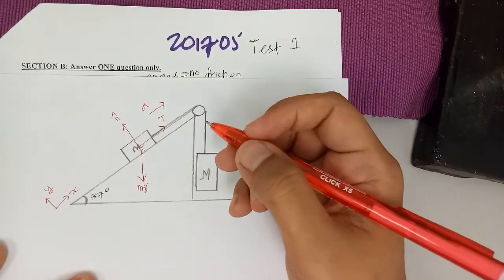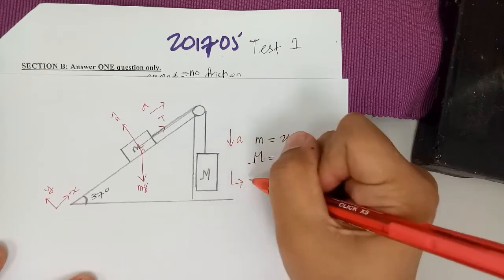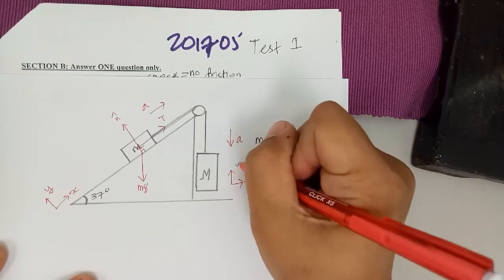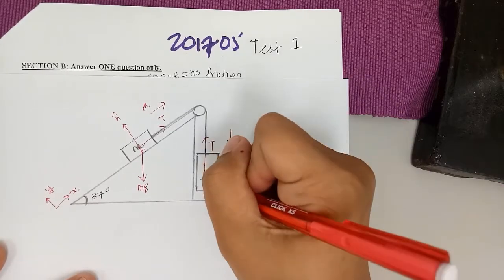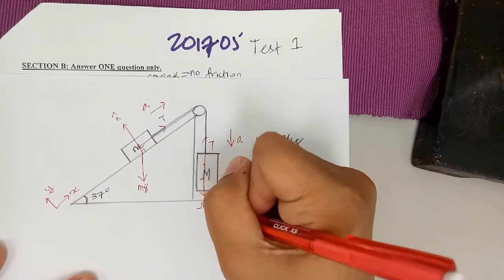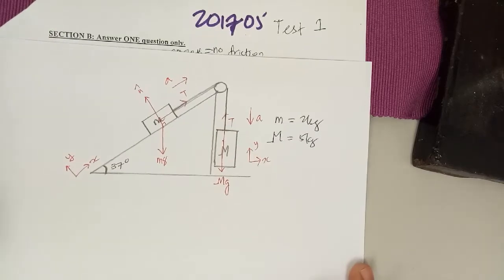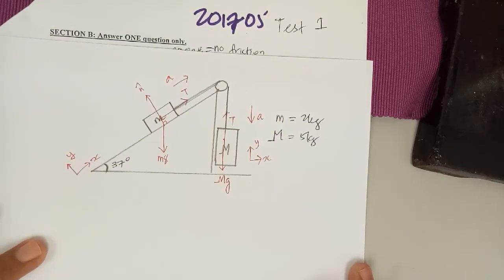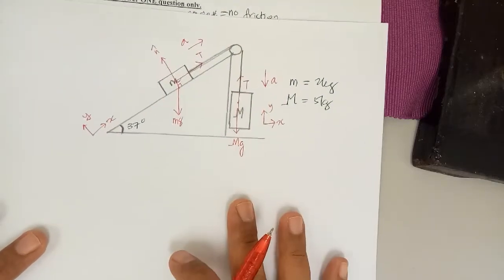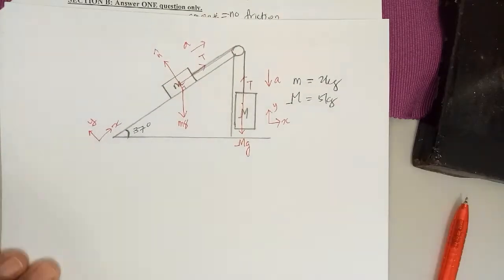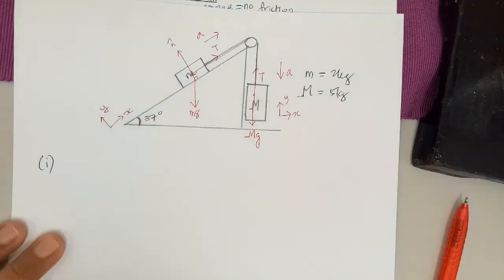Then for block capital M, let's define our axis. We have tension and at the same time the weight of block M. So this is the free body diagram. Let's redraw it into your answer script. Let's say this is number 1.